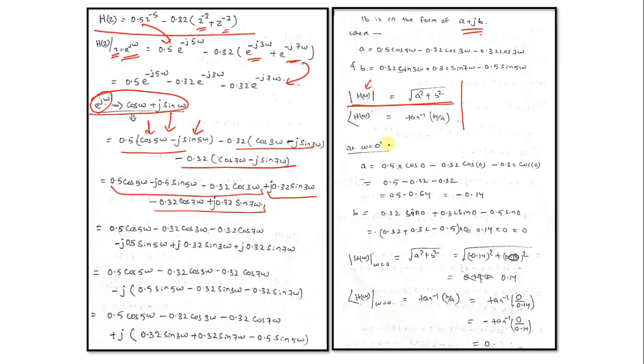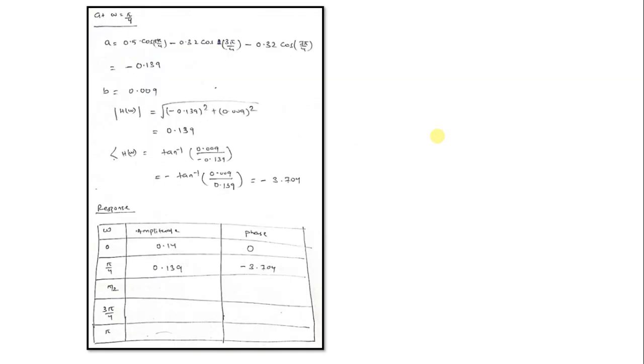You put the values and you will get the answers. Similarly, for the phase response, you put the values and you will get the results. Then you make a table: 0, pi by 4, pi by 2, 3 pi by 4, and pi, and put the values.